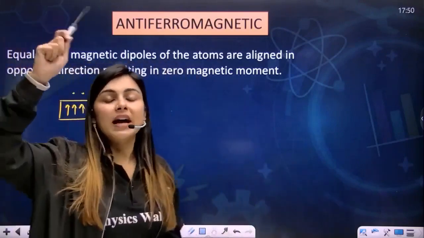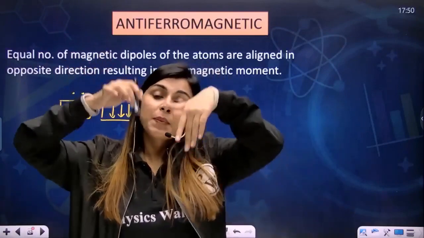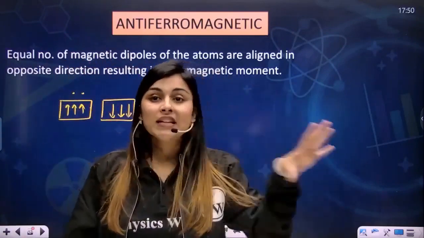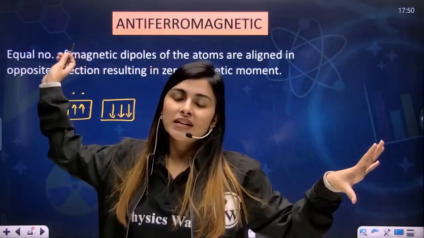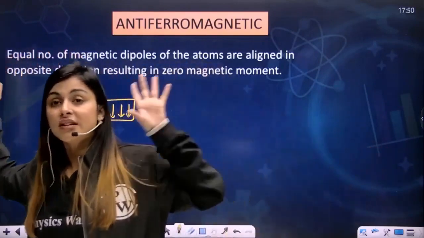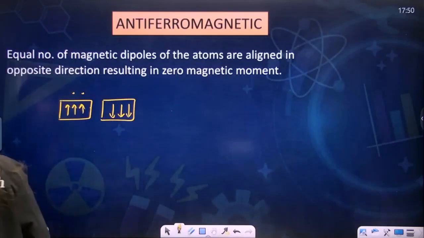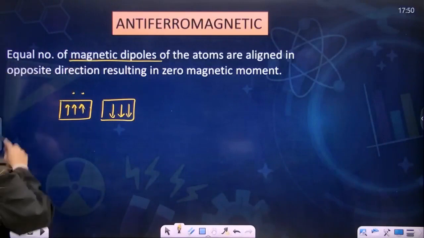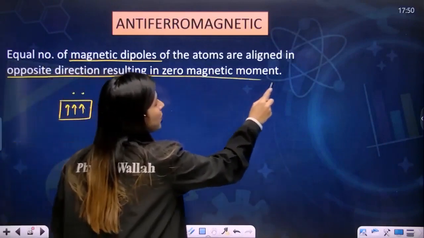What was a diamagnetic substance? Where your spin magnetic moments just cancel out each other. But if your domains cancel out each other, then that is known as antiferromagnetism. This is the difference between antiferromagnetism and diamagnetism. Equal numbers of magnetic dipoles of the atoms are aligned in opposite directions, resulting in zero magnetic moment.